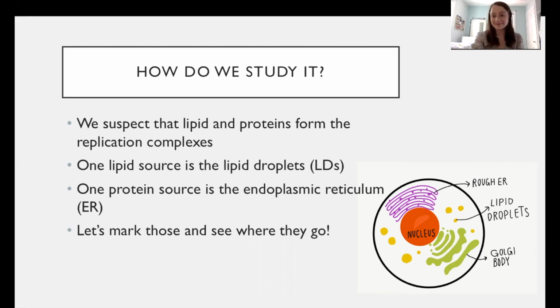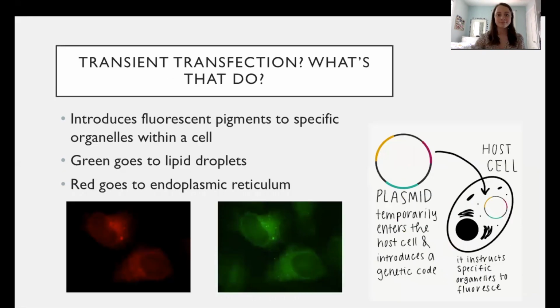You can see in the diagram in the bottom right that the rough ER is located adjacent to the nucleus and that lipid droplets are distributed in little bulbs throughout the cell. This is a simplified model of the cell, just highlighting the organelles that are relevant to my project.